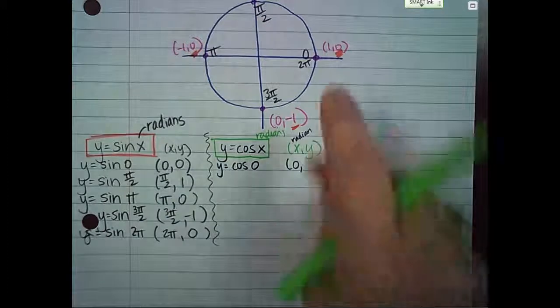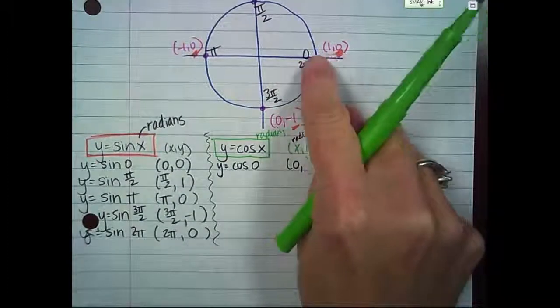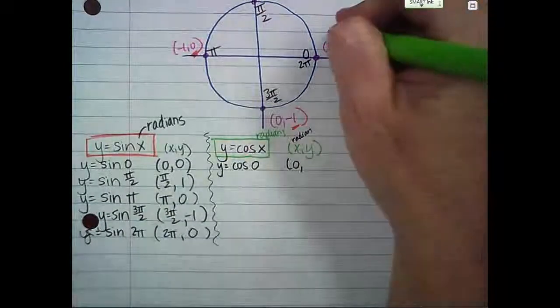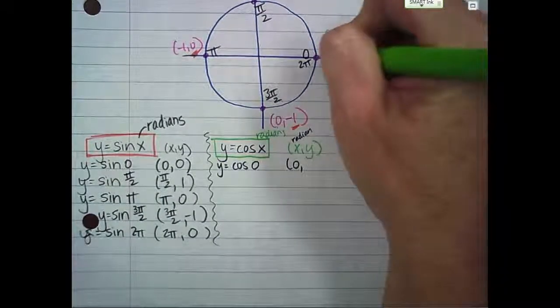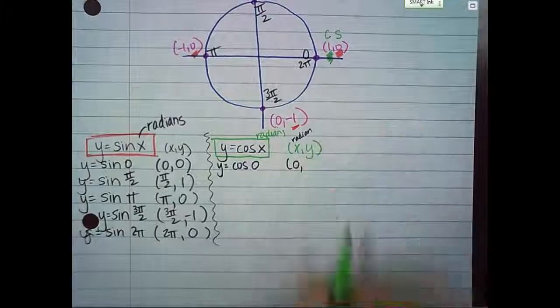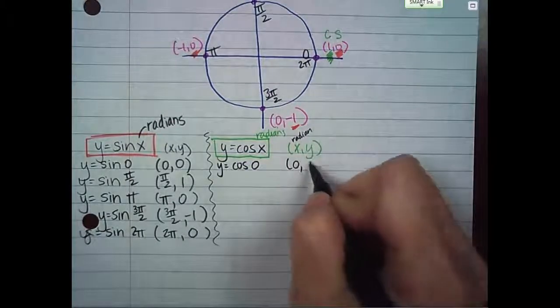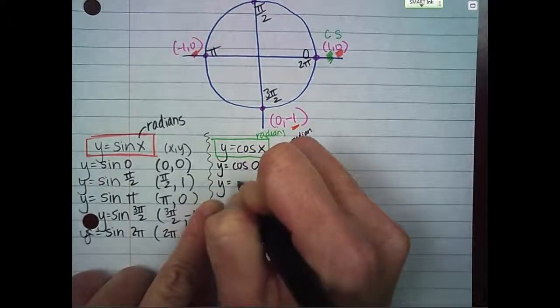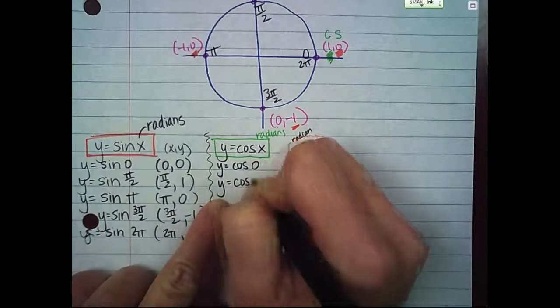We're going to use orange here. Here's 0. Which one's the cosine? The x value or the y value? The x. This is cosine and sine. So 1. We're going to make it stop at every one. So what is cosine at pi over 2?